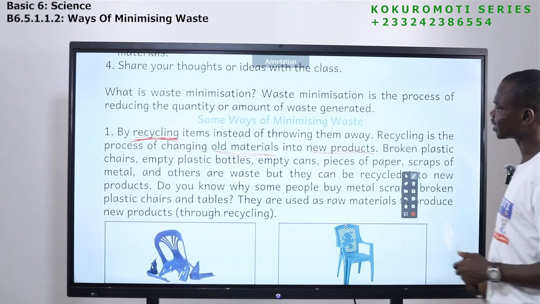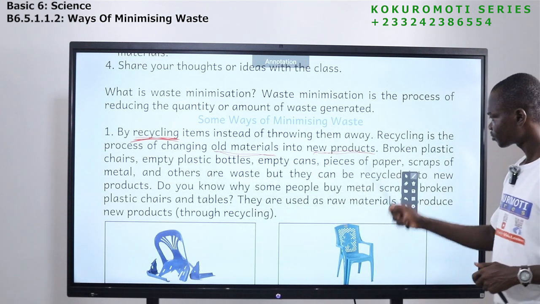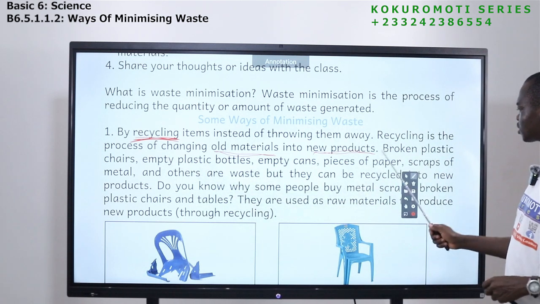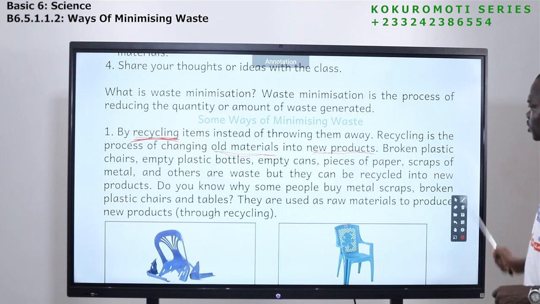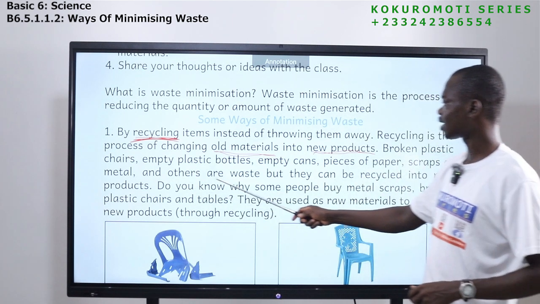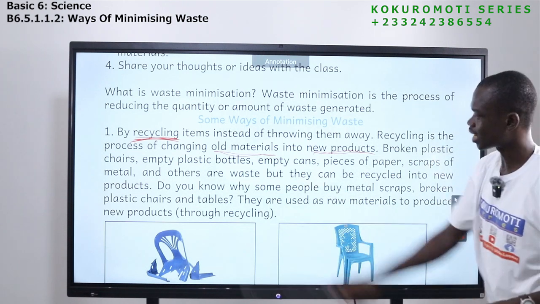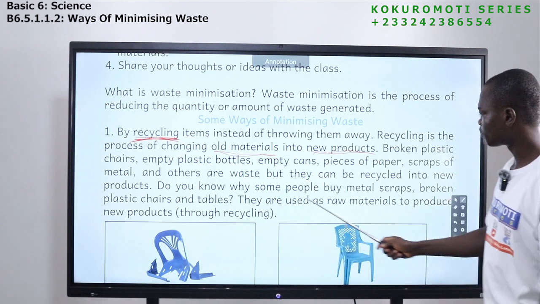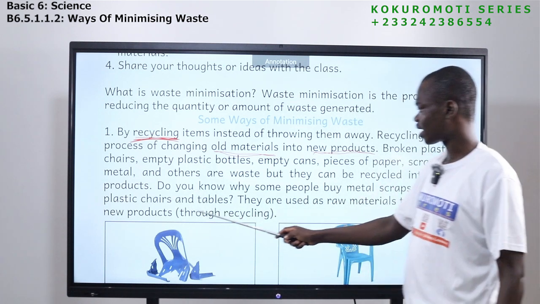Now, broken plastic chairs, empty plastic bottles, empty cans, pieces of paper, scraps of metal and others are waste, but they can be recycled into new products. Do you know why some people buy metal scraps, broken plastic chairs and tables?